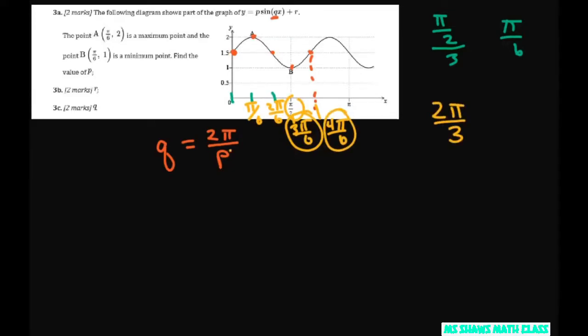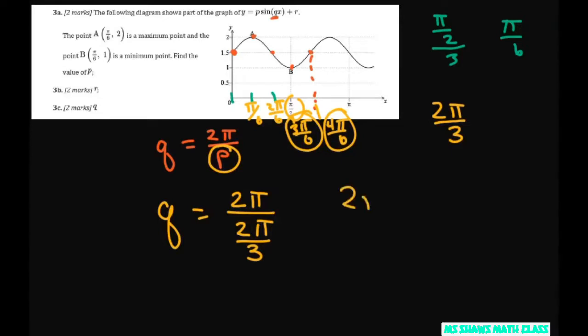So that's your period. So Q equals 2 pi divided by 2 pi divided by 3, which is 2 pi times, flip it over, that crosses out.